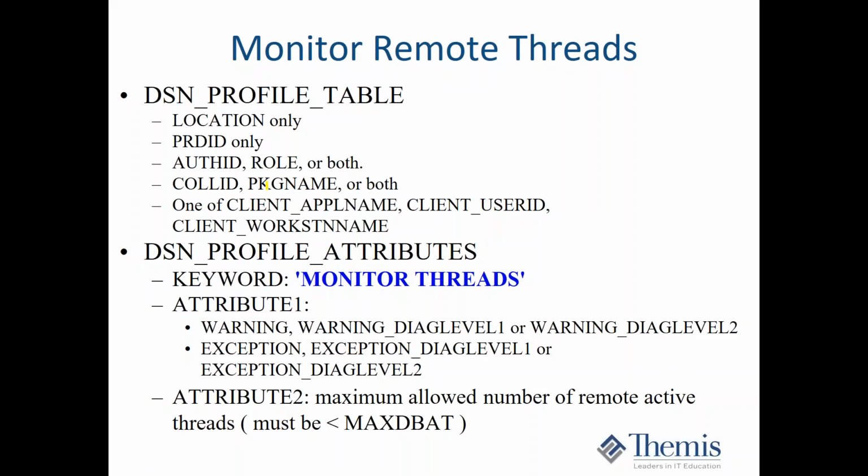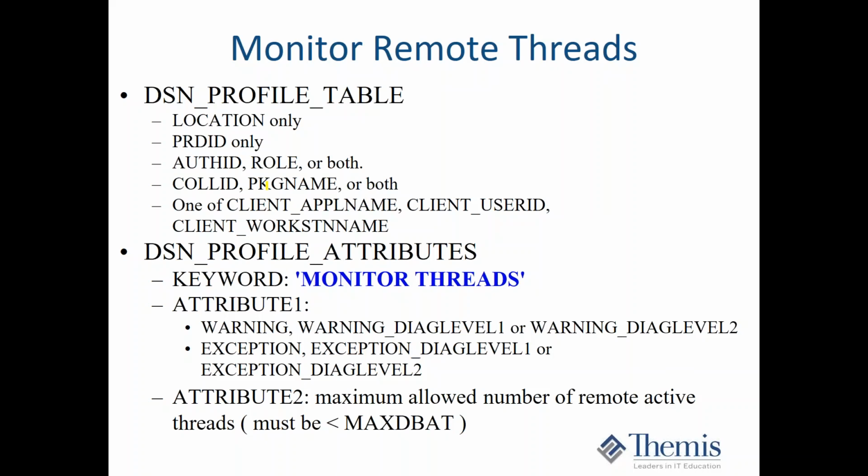Now, attribute 2 must be less than your ZPARM maximum active DBAT threads in the environment, of course. But if the majority of the active threads out on the active chain are these types of threads that are hung around out there because they didn't terminate appropriately and not able to go over to the inactive chain for reuse of those thread task control blocks.